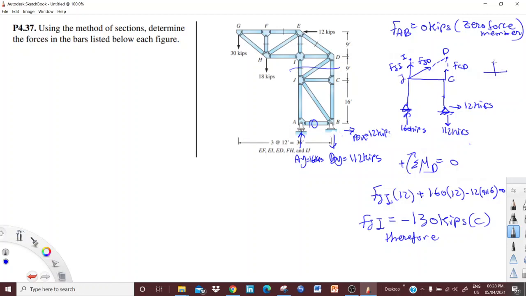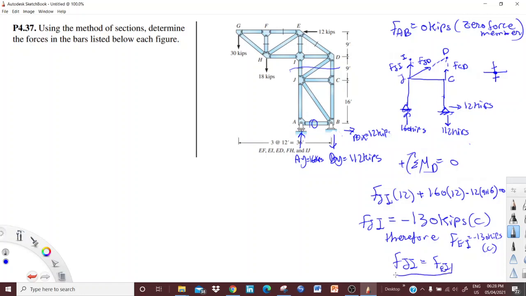Same thing I told you: if you have a pin without external load and without support, and this is equal to this, therefore the force of EI is equal to negative 130 kips, compression. So FJI is equal to FEI.